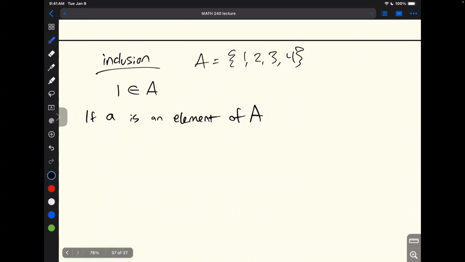So if little a is an element of A, we write a and then this weird epsilon-looking thing, and then the name of the set.